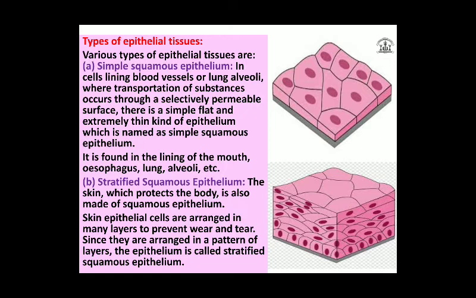Okay, round and flat nucleus, and also they form lining of nose, pericardial cavity, blood vessels, etc. They protect the underlying parts of body from mechanical injury. It prevents the entry of germs inside the body and it facilitates diffusion of gases.